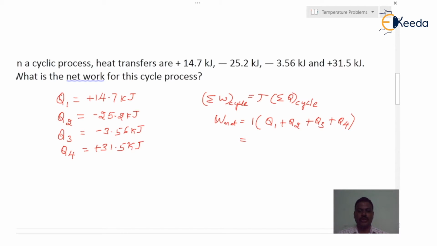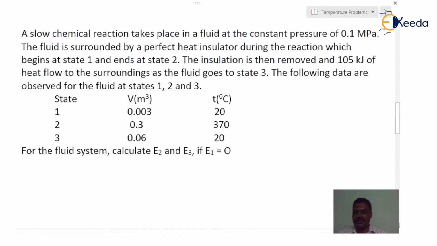So this is 1 into Q1 is 14.7, Q2 is minus 25.2, Q3 is minus 3.56, and Q4 is plus 31.5. So the final answer will be 17.4 kilojoules.